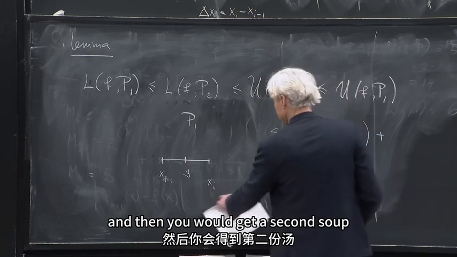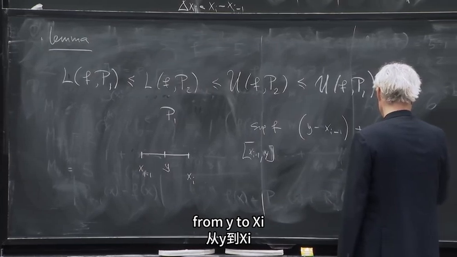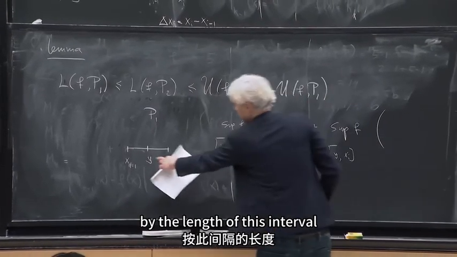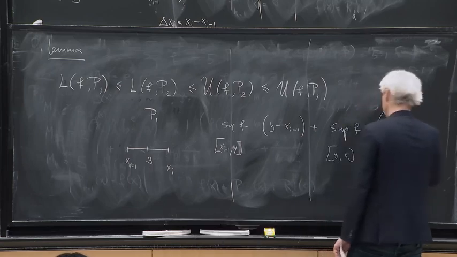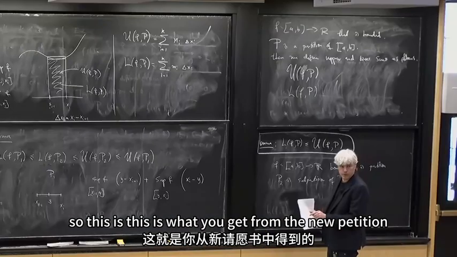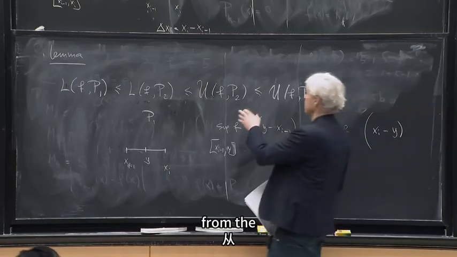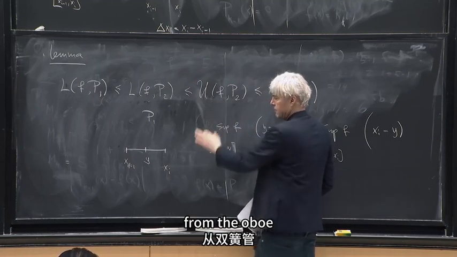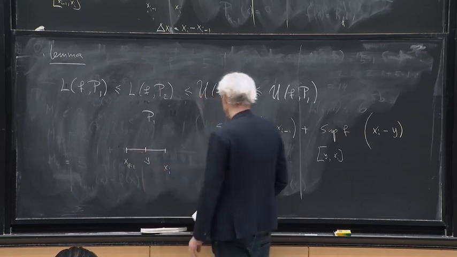And then you would get a second sup, from y to x_i of f, multiplied by the length of this interval, x_i minus y. So this is the contribution that you get to the upper sum for this partition P2 from this part.